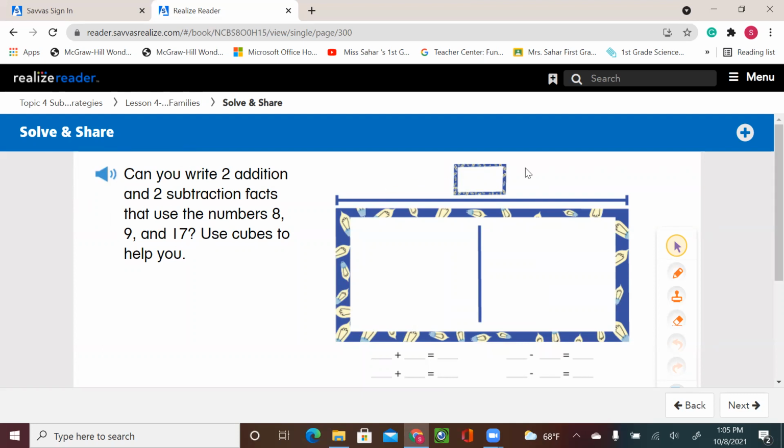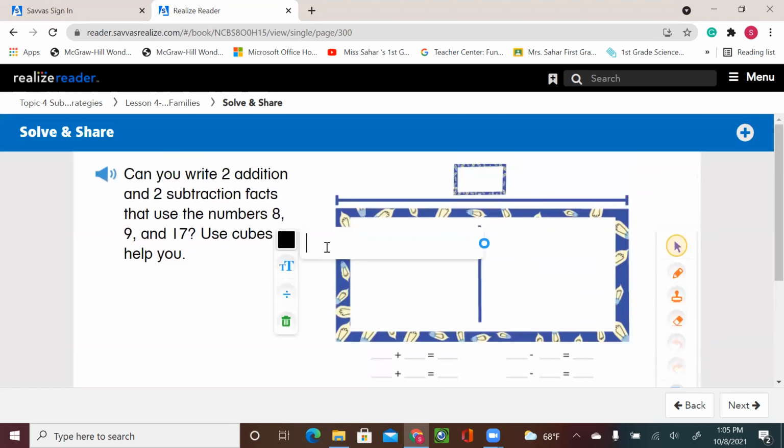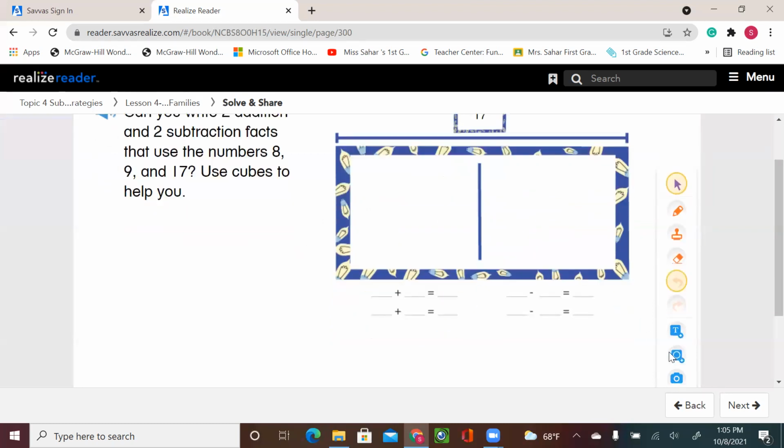So let's do this one. I'm going to write 17, and then I'm going to have 8, and 9, putting the second addend at the second part, 9.